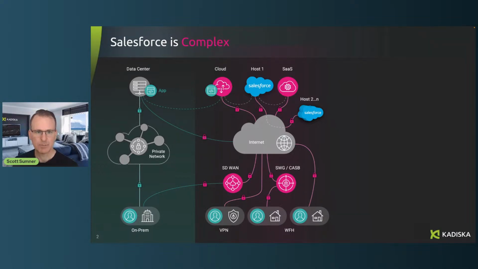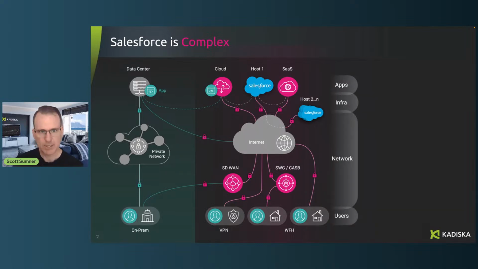So really a complex matrix of connectivity, but also API calls flying back and forth to make sure your applications work correctly. You also have people working at home now, more often than ever, accessing in through VPN or maybe directly through direct internet access or a secure web gateway like a CASB or an SSE. And also, of course, the on-premise workers, there's still a few of them left, right, who have to go through different kinds of connectivity to get to Salesforce.